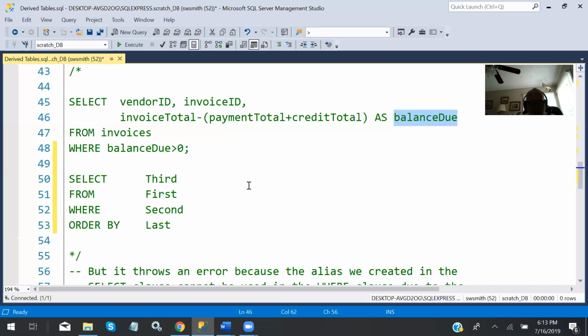And I pointed out here, and this is important to understanding SQL, SQL isn't evaluated from the top to the bottom. The first thing that gets evaluated is the from clause. The second thing that gets evaluated is the where clause. After that, the third thing is the select, and then the group bys come in there.